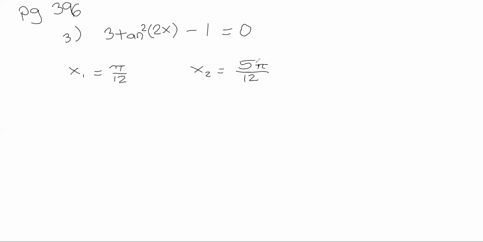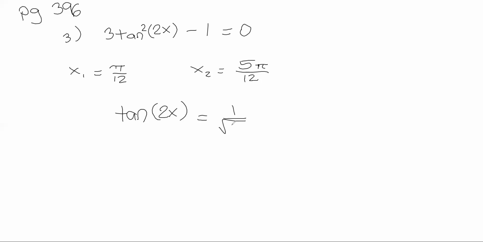So what do we get when we simplify? Tangent 2x is equal to 1 over root 3.